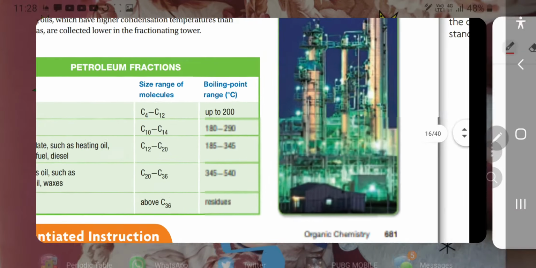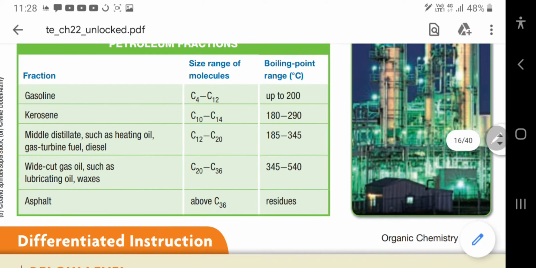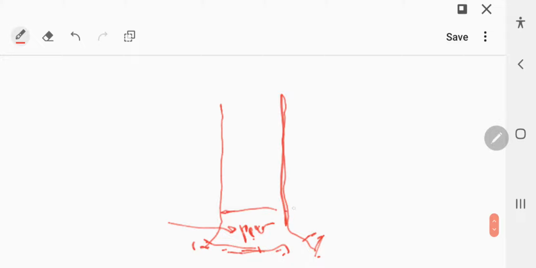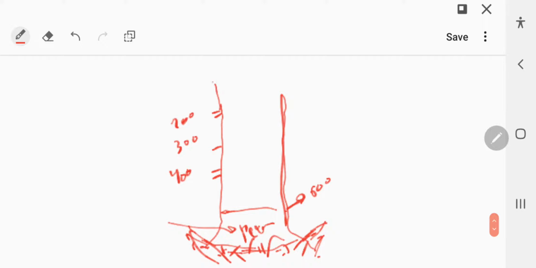If you look at the asphalt, let's assume that it will boil over 600, so the temperature here will be, for example, 600. Now, as we go up away from the heating source, the temperature decreases. So let's assume that here the temperature will be 400, here 300, and here 200. And as we go up even more, the temperature will decrease further.